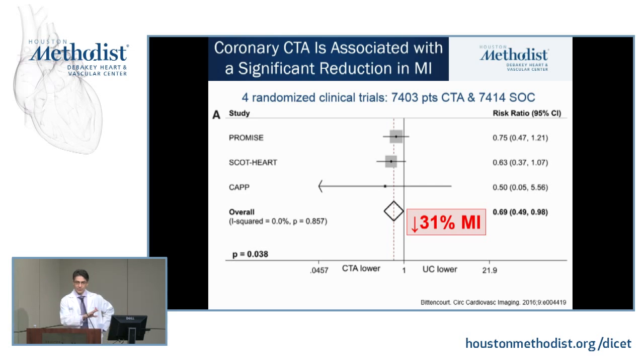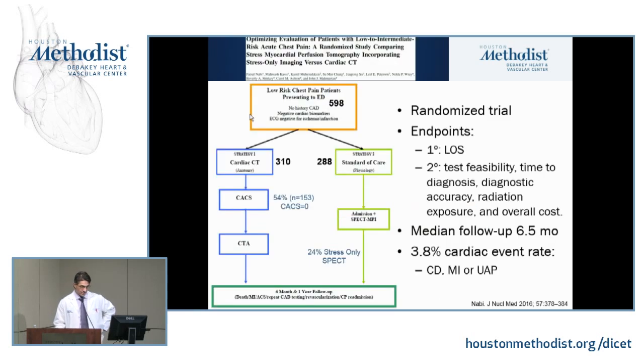If you use your CTA and you treat your patients aggressively when you identify atherosclerosis, 4 large trials have already shown that you reduce your patient's risk of myocardial infarction by an aggregate of 31%. So we need to act on the data we're receiving. So that's another potential strength of CT in the emergency department.